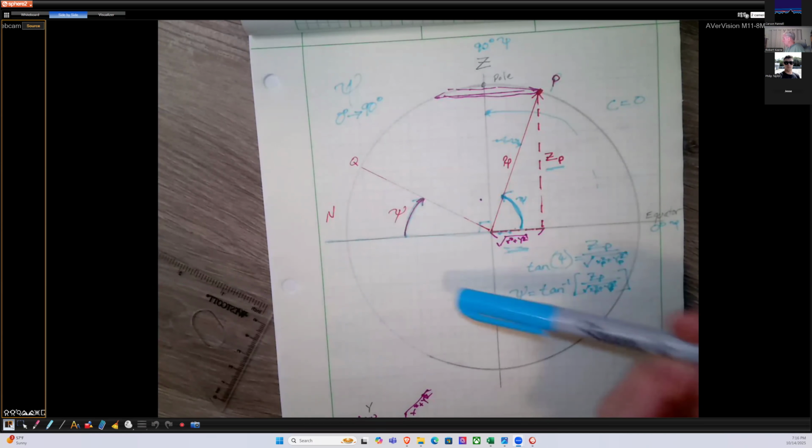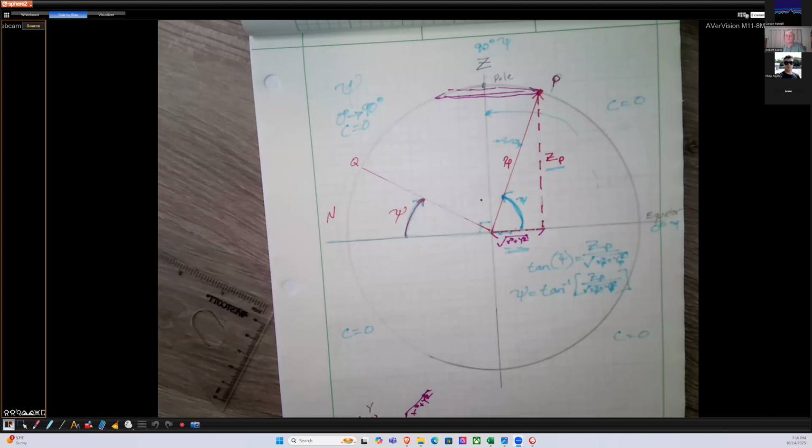If we're in the southern hemisphere, our C also equals 0. C equals 0. We don't have to adjust for quadrant in any of these. We just have to know if we are in this north hemisphere or the south hemisphere. That's it. Latitudes are actually easier.